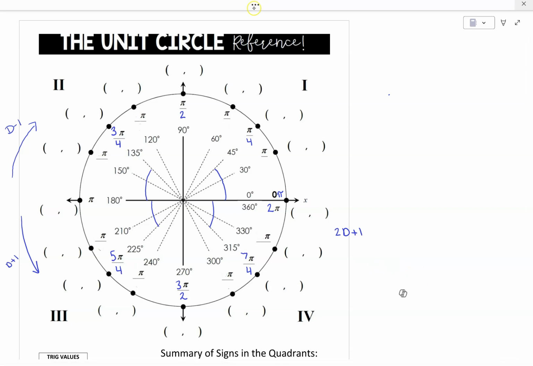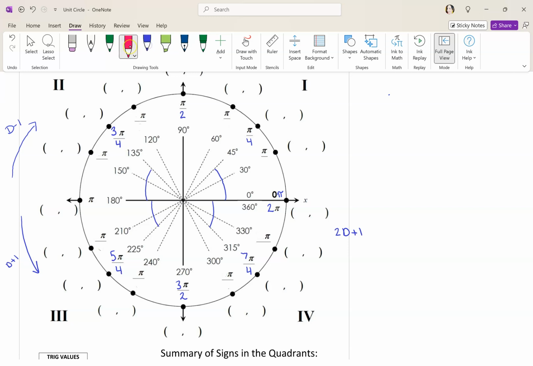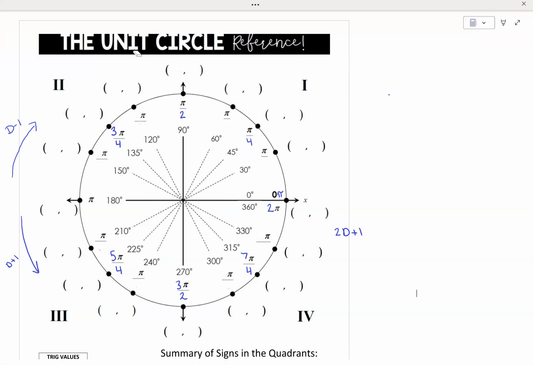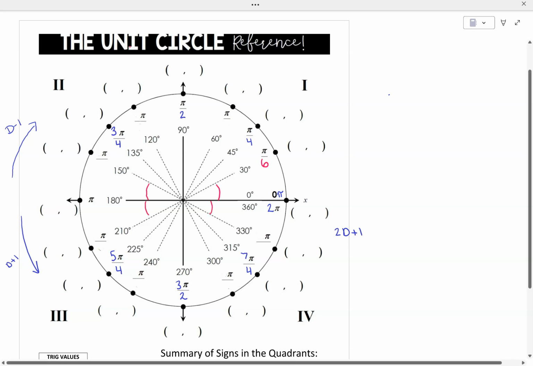Okay, so let's look at a reference of 30. When you're dealing with the reference of 30, that's pi over 6. So that means we're looking here, and we're looking here, okay? So remember, you're just going to make this one be whatever the denominator is.